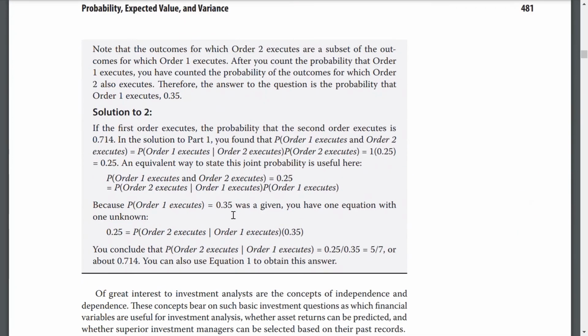Note that the outcomes for which order 2 executes are a subset of the outcomes for which order 1 executes. After you count the probability that order 1 executes, you have counted the probability of the outcomes for which order 2 also executes. Therefore, the answer to the question is the probability that order 1 executes, which is 0.35.